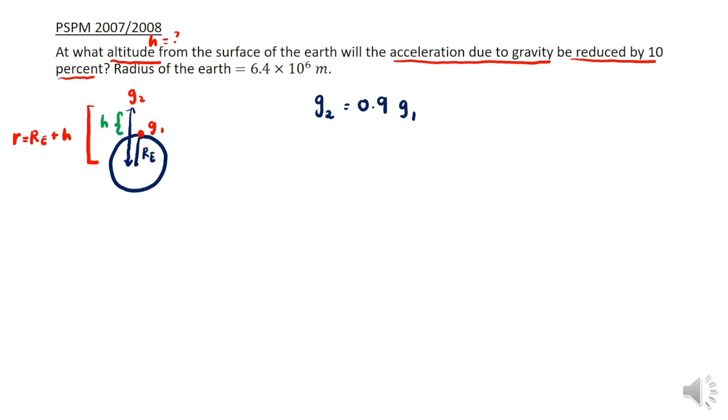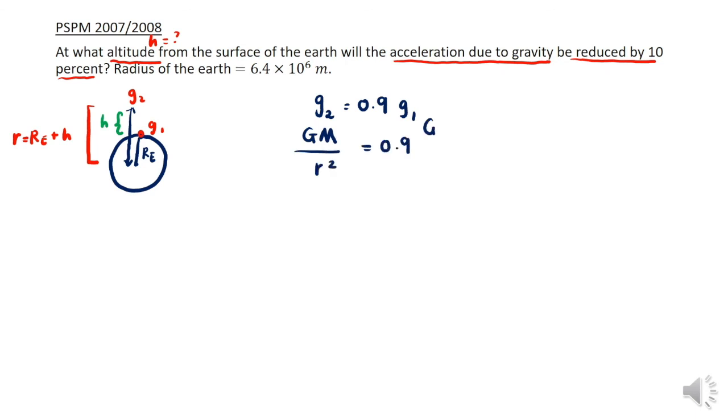We want to find the altitude. So we have g2 and g1. We know that g2, the gravitational acceleration, is reduced by 10% of the gravitational acceleration at the surface of the Earth.